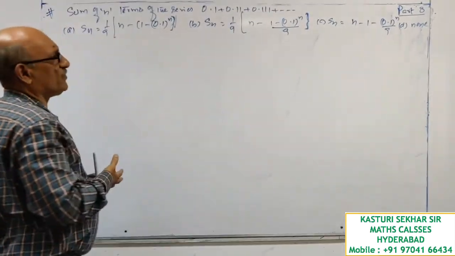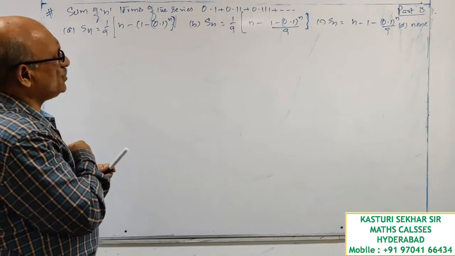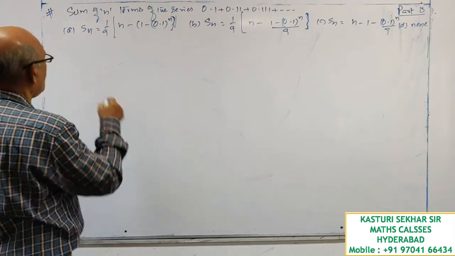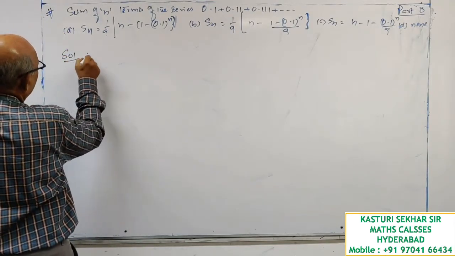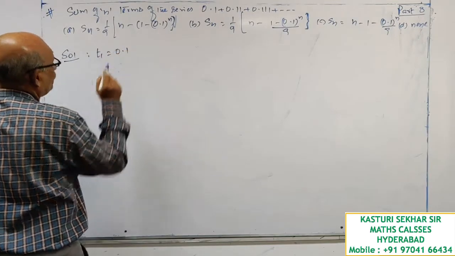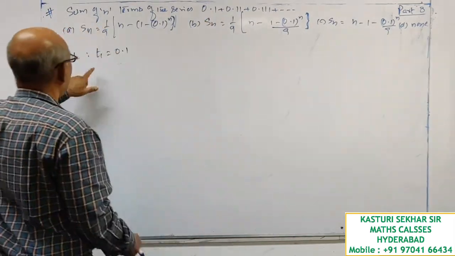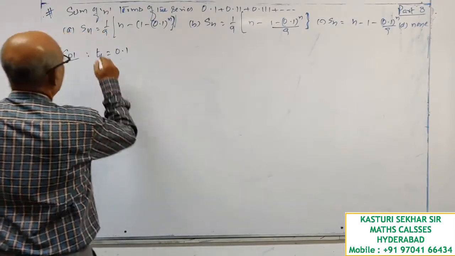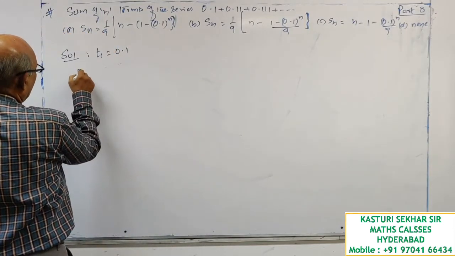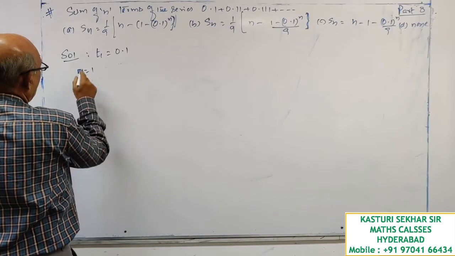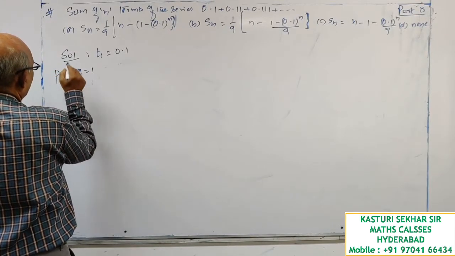These are my options. Now first you take T1 from the given question. This is 0.1, T1 is 0.1. Now in the options you put n equal to 1.